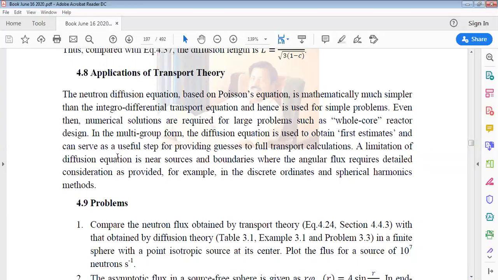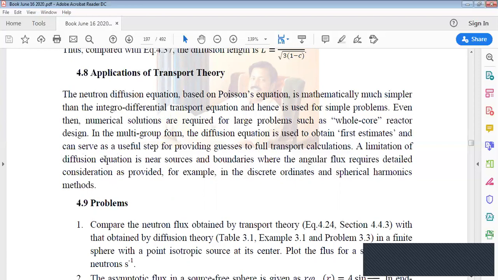In the multigroup form, the diffusion equation is used to obtain first estimates and can serve as a useful step for providing guesses to full transport calculations. The limitation of the diffusion equation is near sources and boundaries, where the angular flux requires detailed consideration.